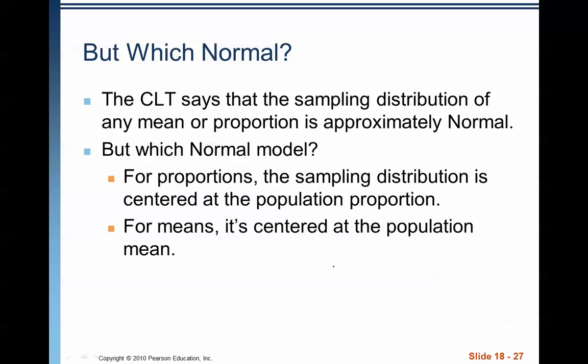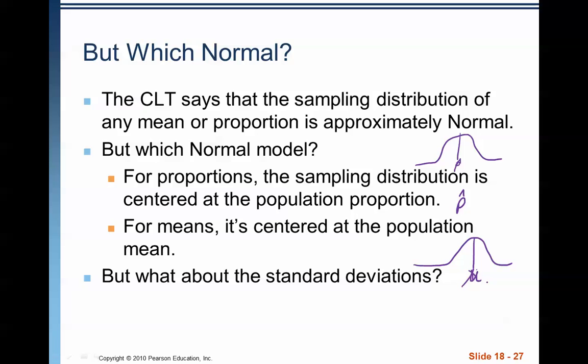For proportions, we said that the sampling distribution is centered at the population proportion, p hat. For means, this is going to be centered at whatever the population mean is, my mu, and so that's the same.